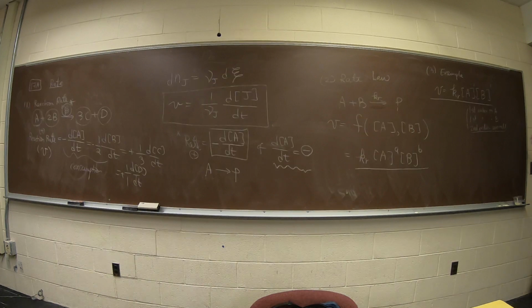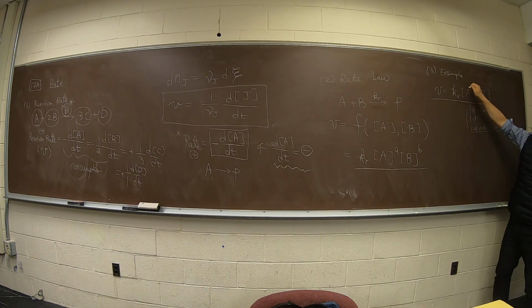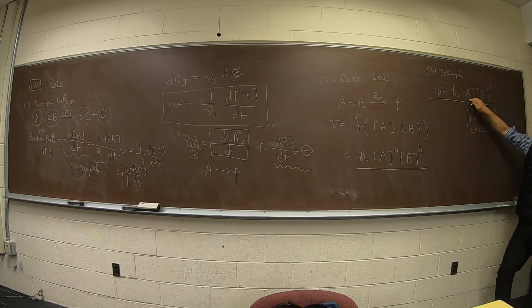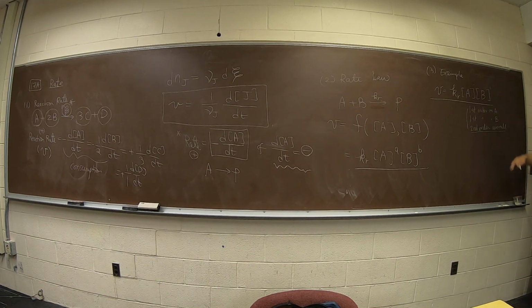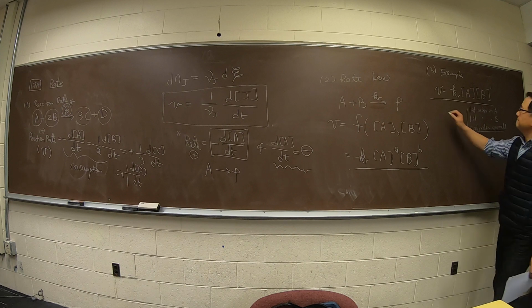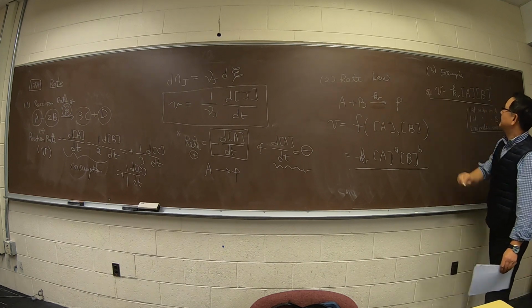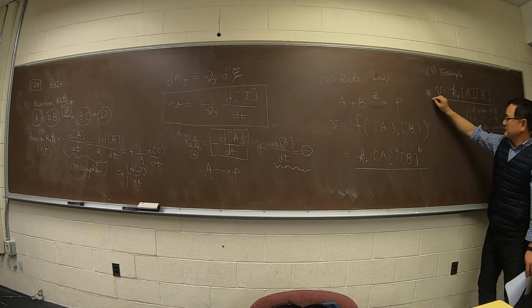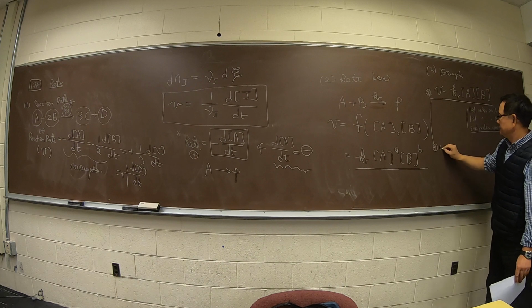Okay? So let's say you have done your experiment to measure the reaction rate, and it depends on the concentration of A linearly, and concentration of B linearly, and you find this. Okay. But now, complex.